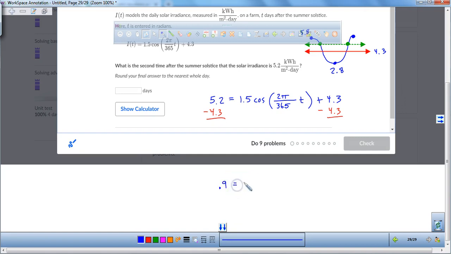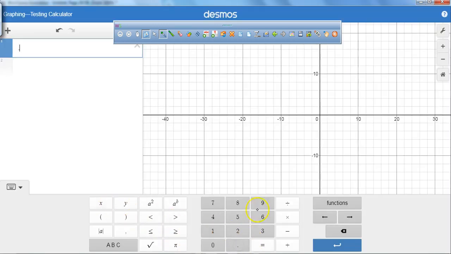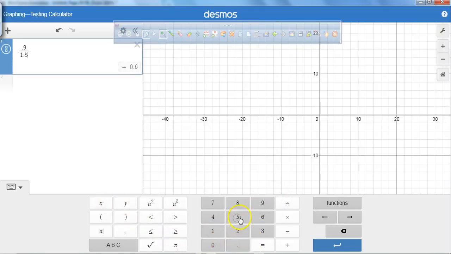0.9, or 9/10, equals 1.5 cosine of 2 pi over 365 times t. Then you're going to divide both sides by 1.5. So 0.9 divided by 1.5 gives you 0.6, or 3/5.